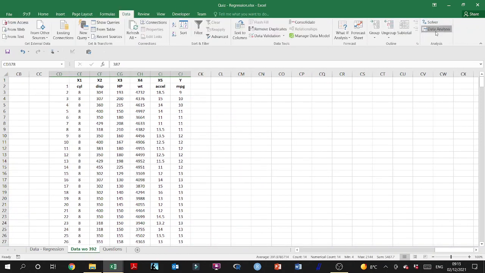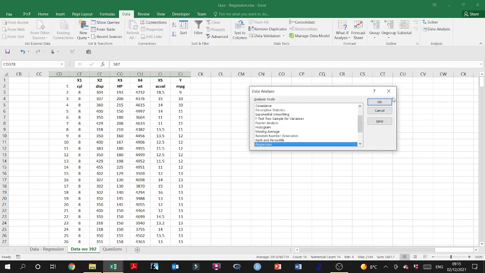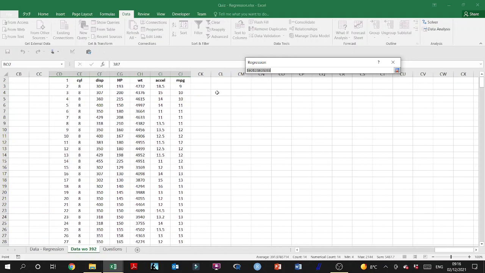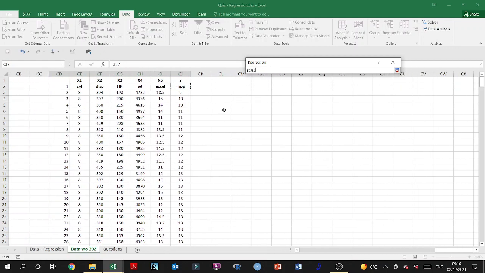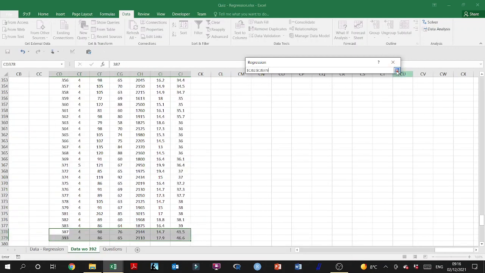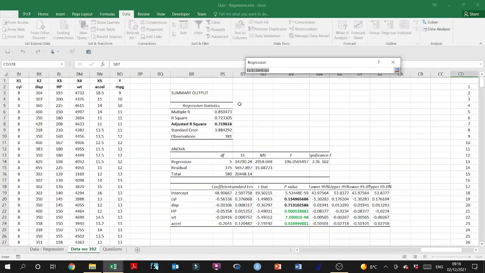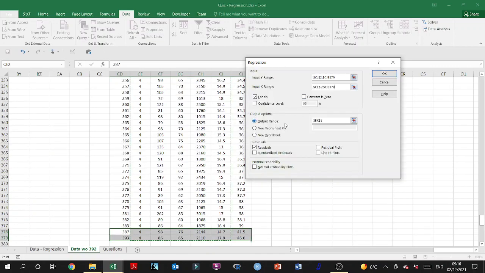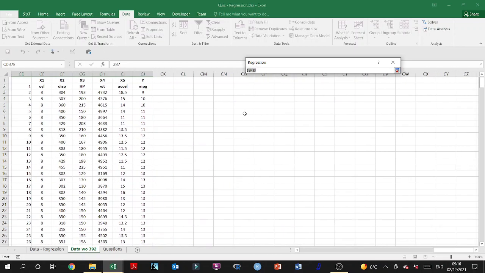Here's data, here's data analysis, regression, here's okay. Here's the Y. Here's the X. And here's the output.